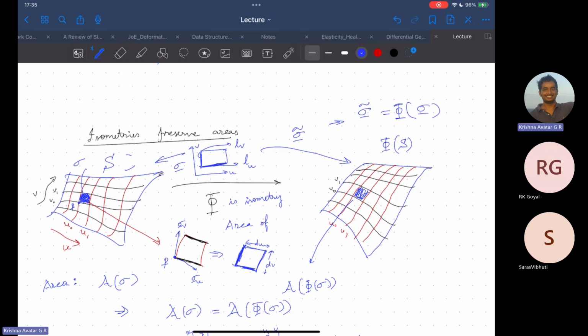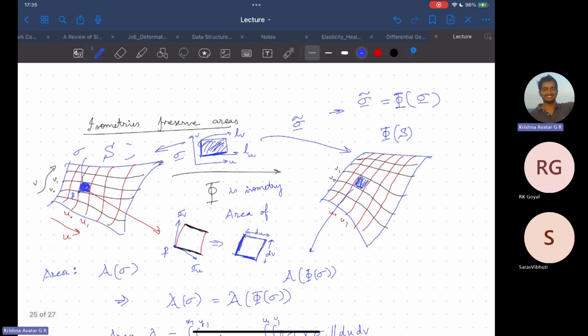Which means there is always some base coordinate space, or base parametric space, from where we map to different surfaces. This phi is also a vector valued function.